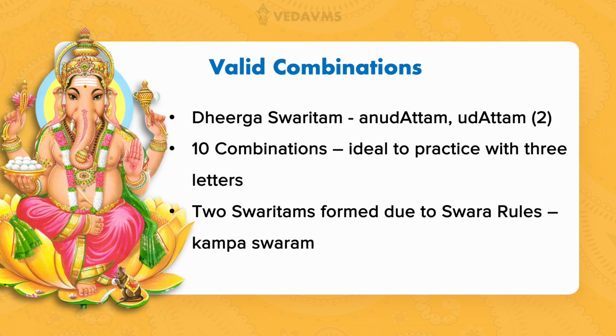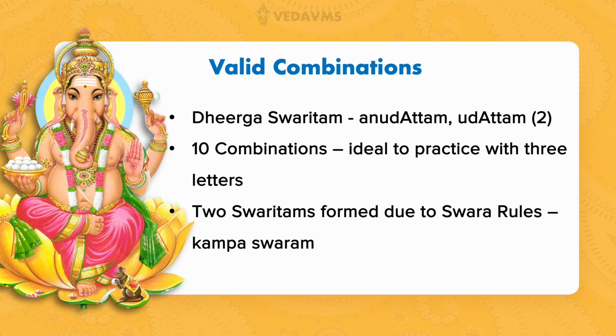When you practice this sliding of all the 10 combinations, please take a known area like Rudra and practice this with three letters together. For example, a typical combination of Anudata, Udata and Swarita, you say Rudraya, Rudraya, Rudraya.